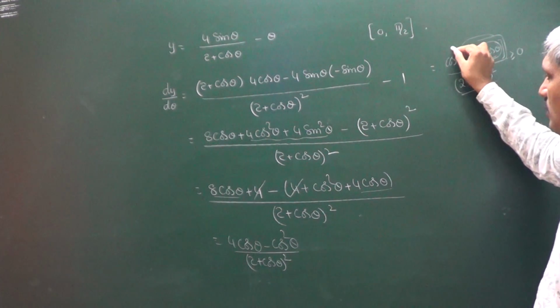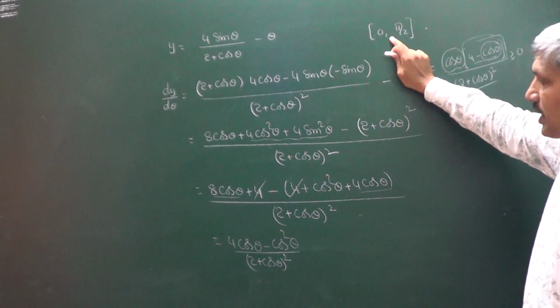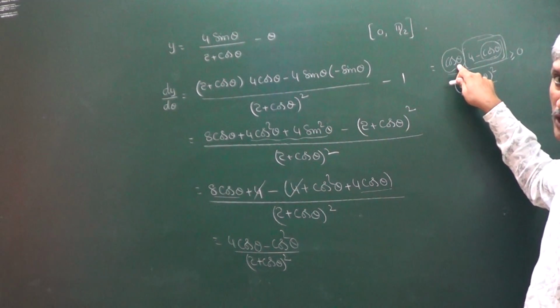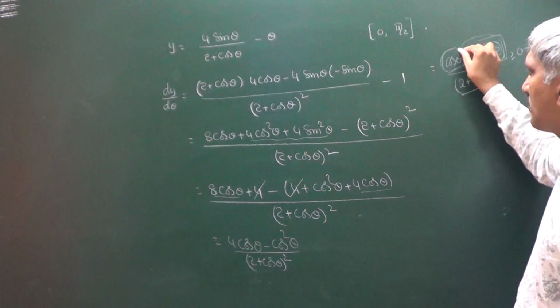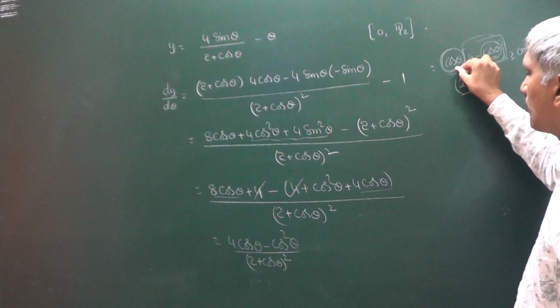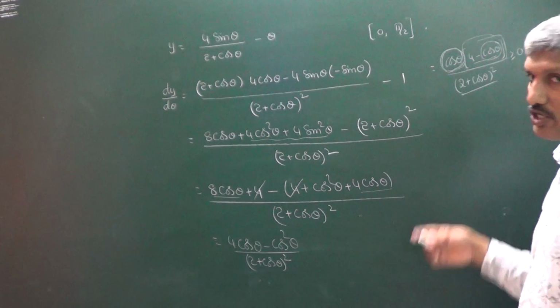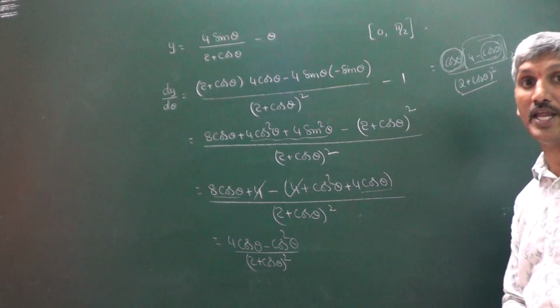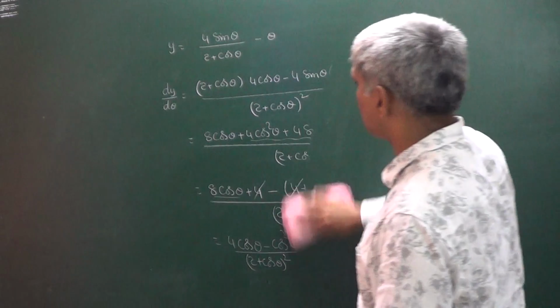At the same time, between 0 to pi by 2, first quadrant, in the case of 0 or pi by 2, it becomes equal to 0. Between 0 to pi by 2, this value is also positive. That's why we got dy by d theta greater than or equal to 0. So the function is an increasing function in the interval 0 to pi by 2.